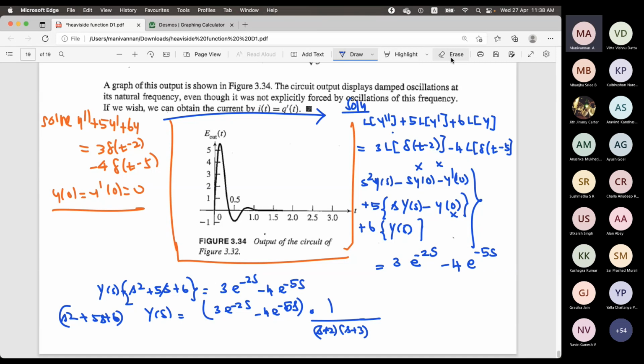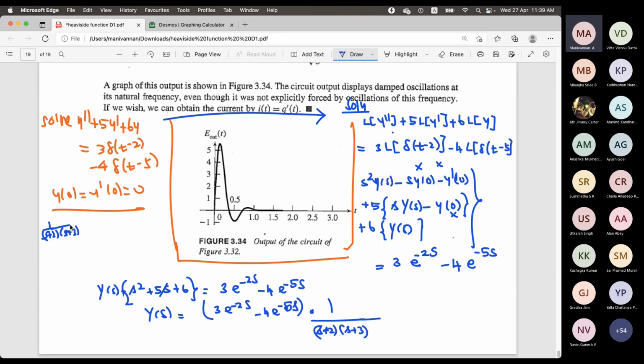Yes, sir. So here this term, I'm going to get the partial fractions. Multiplied by 6, when you are adding it should be 5. So s square plus 5s plus 6. Now we are not going to touch this part because it is exponential term. Just computing the partial fraction of these two things. So what about 1 divided by s plus 2 into s plus 3?